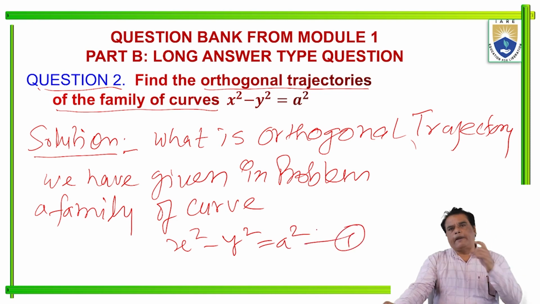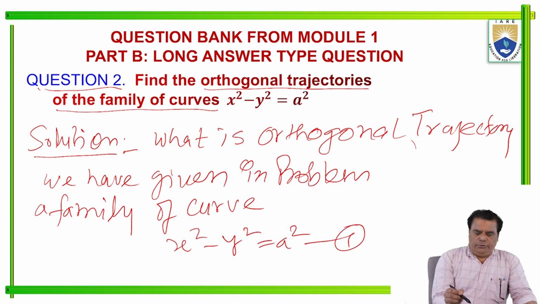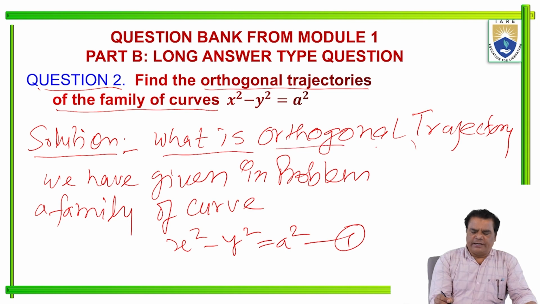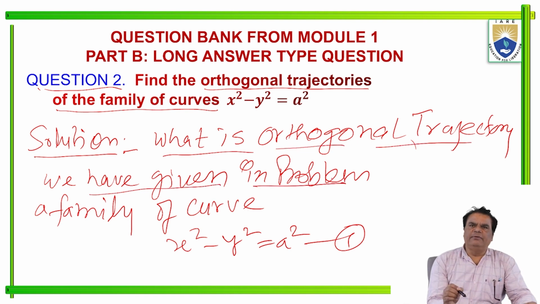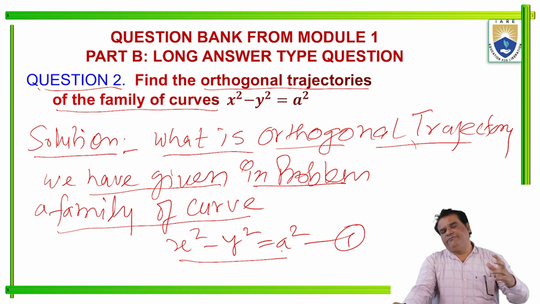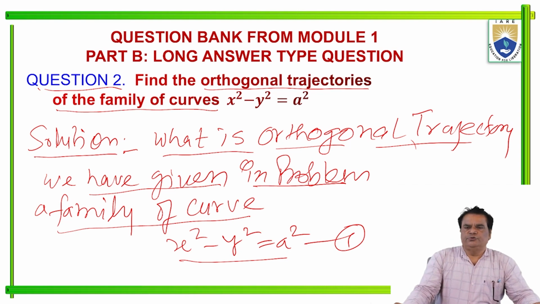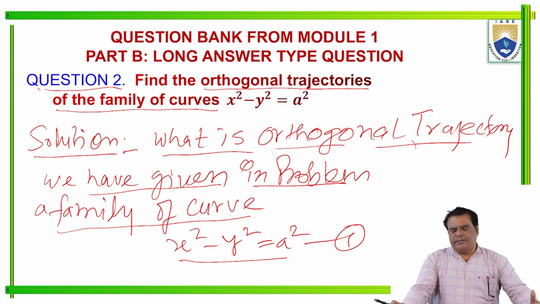This is equation 1. What is orthogonal trajectory? We have given in the problem a family of curves, that is this. So what is orthogonal trajectory?